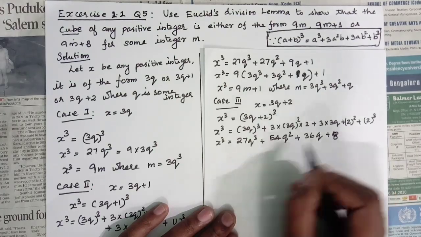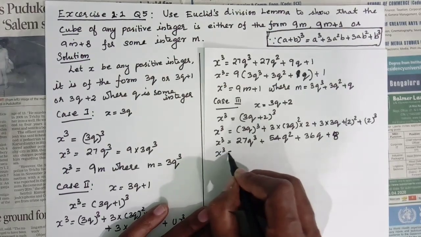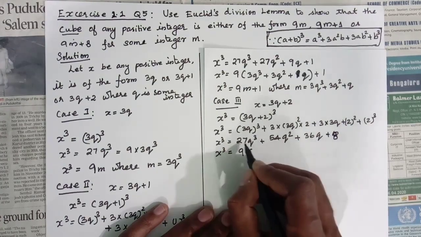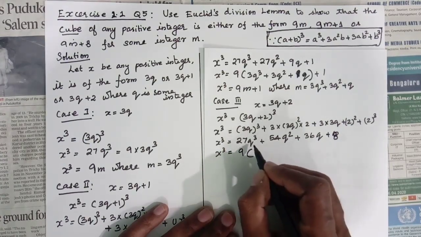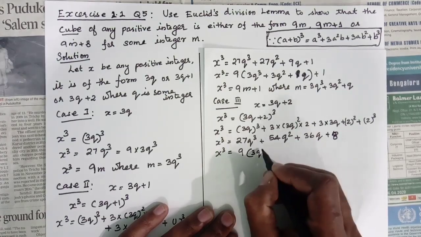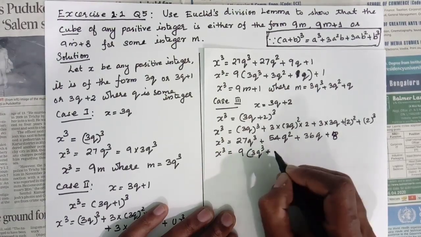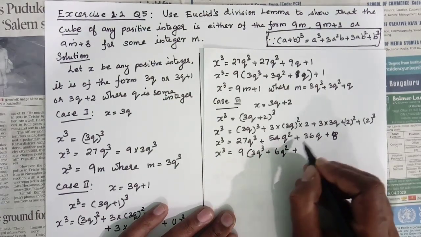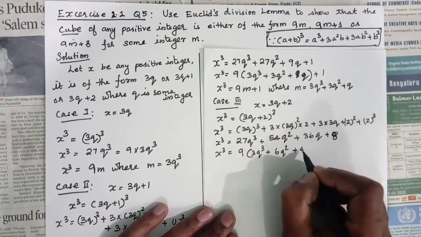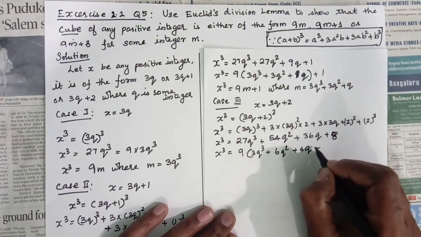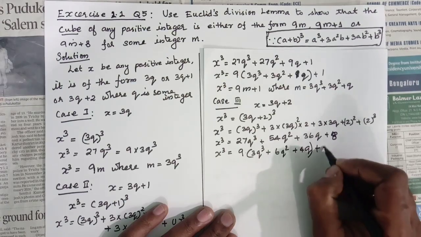Now from these three terms we can take 9 as common outside. So 27q cube gives 3q cube, 54q square gives 6q square, 36q gives 4q, plus 8.